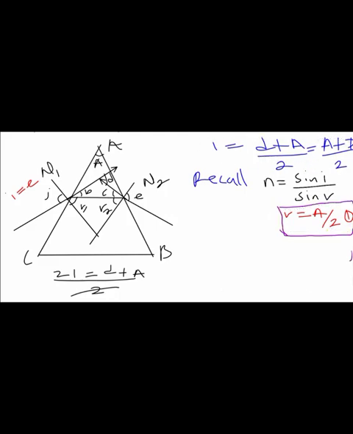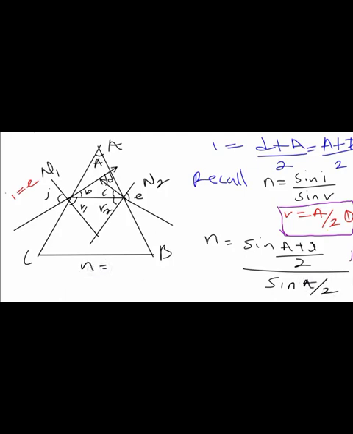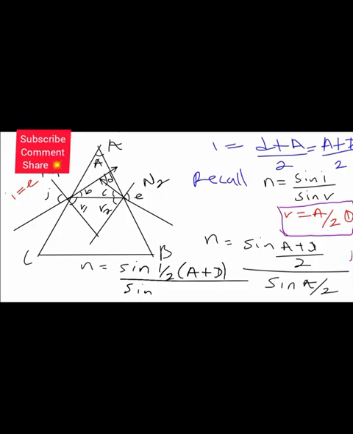From here, we have that n is now equal to sine of (A plus D) over 2, all over sine of A over 2. So n is equal to sine half bracket A plus D, all over sine half A.